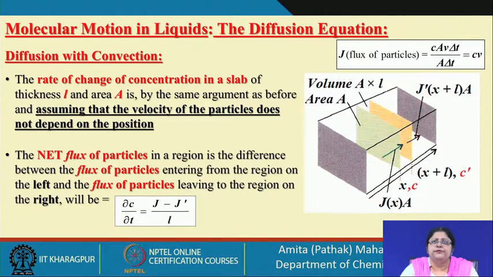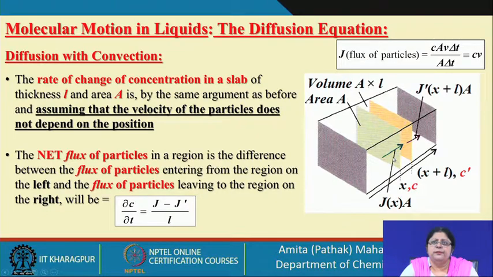Okay, the second differential equation, where the rate of change in concentration is proportional to the second derivative of the concentration with respect to distance. So, if we are looking at this, then what happens?